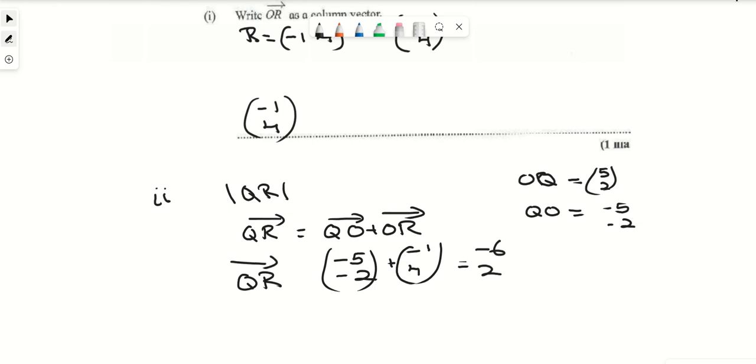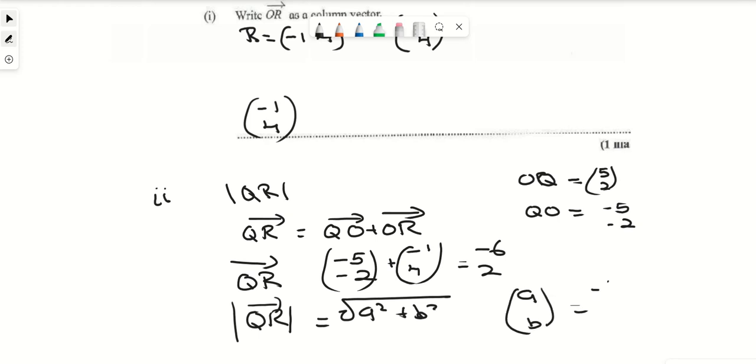And we know that the magnitude of QR would be the square root of A squared plus B squared, where A is your value on top and B is your value at the bottom in a column vector.